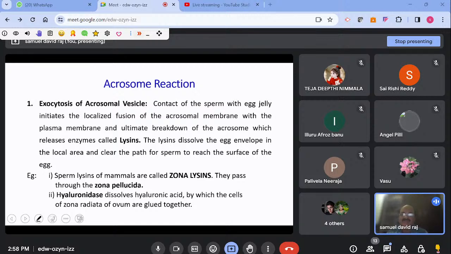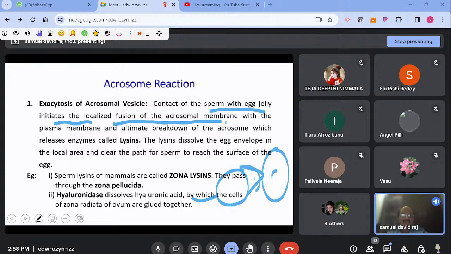The first step here is exocytosis of the acrosomal vesicle. Contact of the sperm with egg jelly, in case of sea urchins, increases the localized fusion of the acrosomal membrane. So this is the acrosome. Localized fusion of the acrosomal membrane with the plasma membrane of the egg leads to breakdown of the acrosome and it releases all the enzymes.